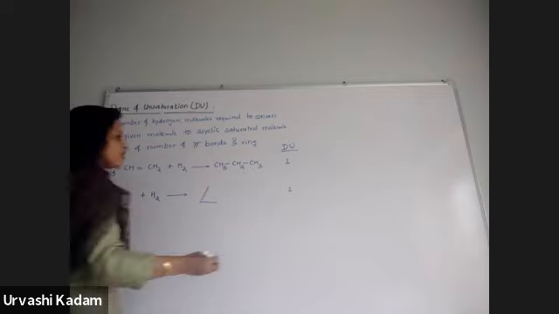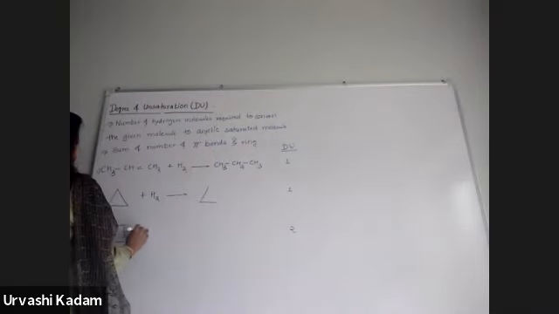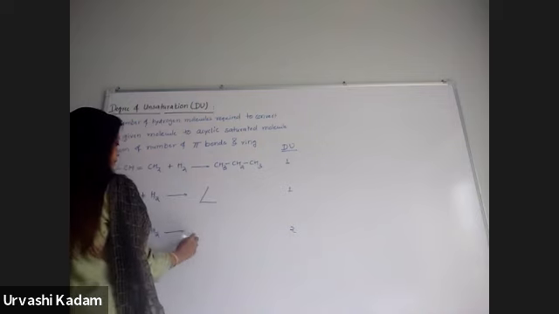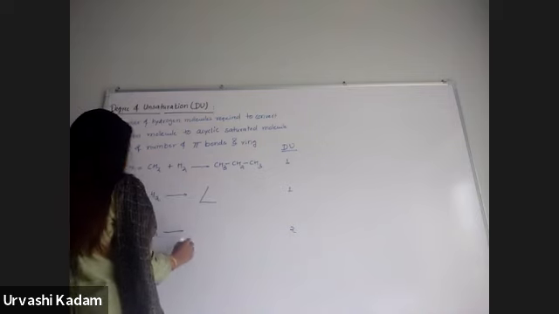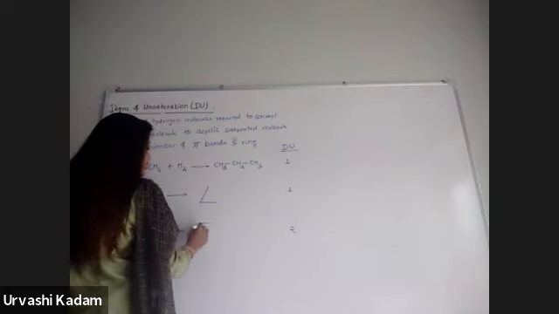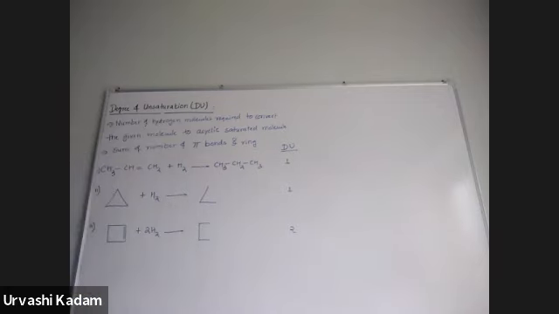The DU for this compound is 2. Okay, so I need 1 mole of hydrogen to make it saturated and to break the ring and convert it into n-butane, I will need 1 more mole. So this is what your DU is.